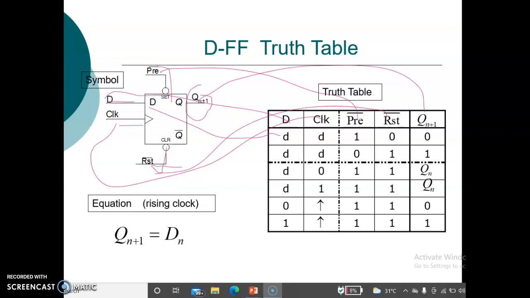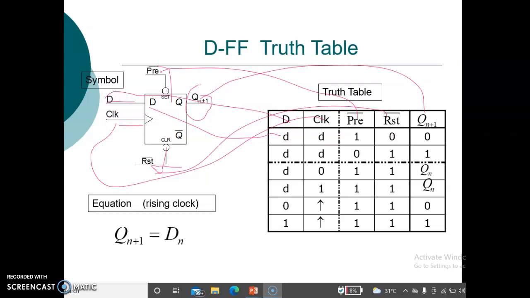Here D input, D clock 0 negative edge and reset 1. Here reset 1, Qn output, Qn only. And then here D, clock 1, reset 1, Qn. Here in the D flip-flop, D data input x vector 0, clock rising edge, reset value 1, Qn plus 1.